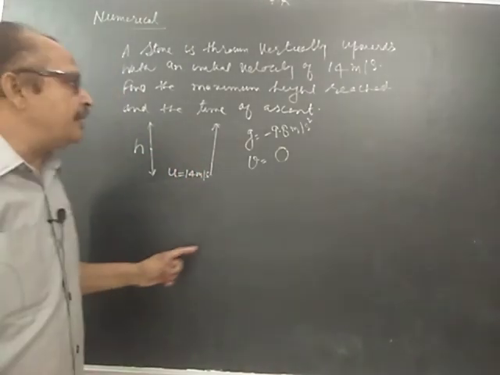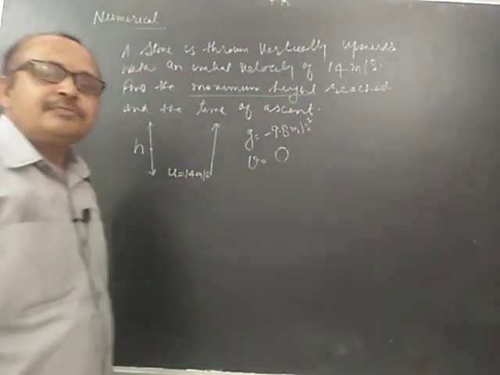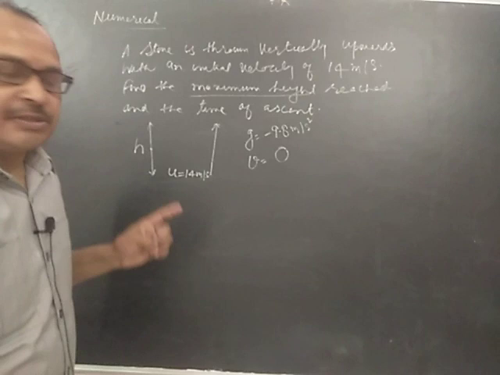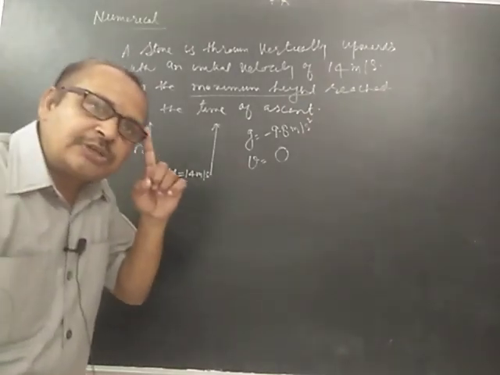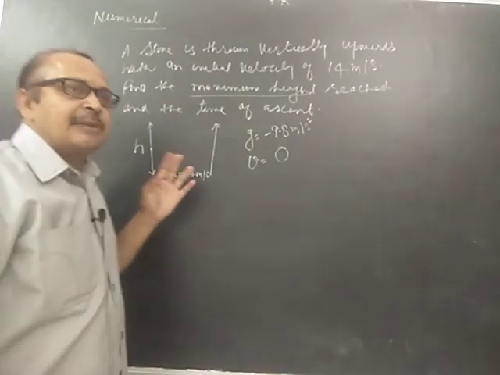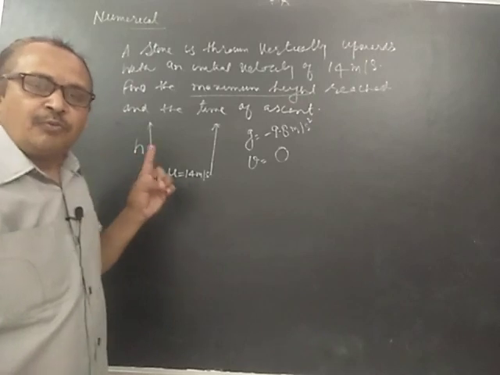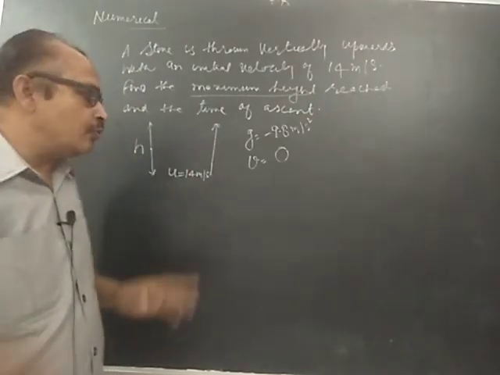What we have to find is the maximum height. So my dear friends, first of all use the knowledge that for maximum height, that means distance, what are the formulas known to you?